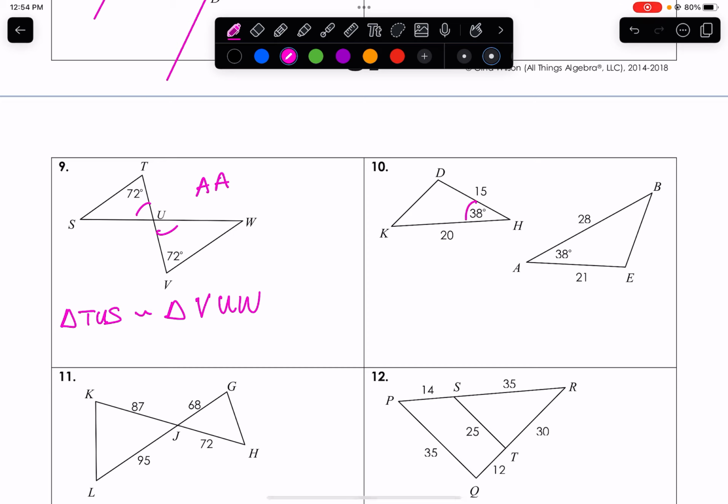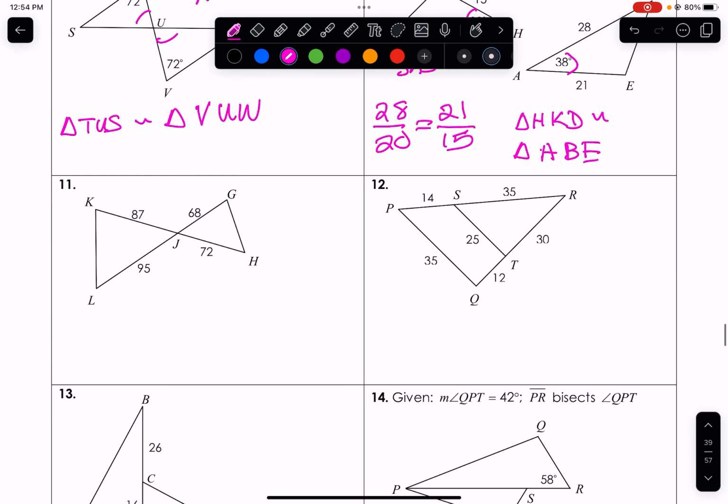So we have a congruent angle. We're now going to check. So 28 over 20 is equal to 21 over 15. 1.4, 1.4, yes, so side angle side. Triangle HKD is similar to triangle APE.